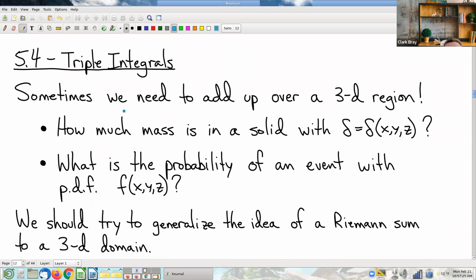So let's take stock for a moment. Y'all had an entire course on single variable integrals, Riemann sums, and such. And now we extended that to double integrals. The idea of a double integral is that instead of having a domain that was an interval, we take a domain that's a two-dimensional region. What remains with single variable integrals and double integrals is chop it up, add it up.